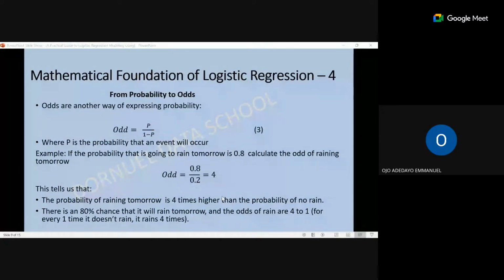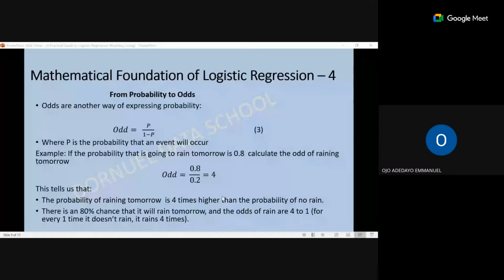So let's say they now ask me, what is the odd of you passing UTME? Now, after the attempt of 7 times, although I did not fail any of them, let us say, for instance, I scored above 200 five times out of 7 attempts.